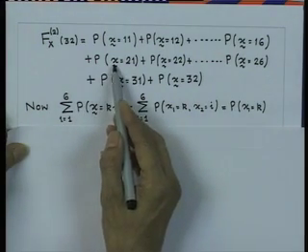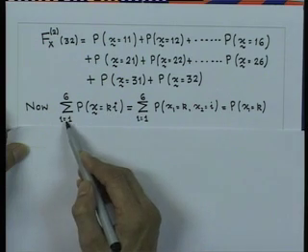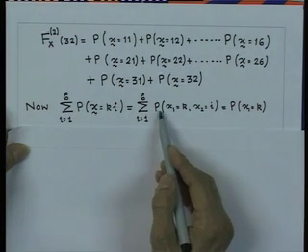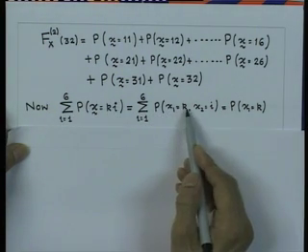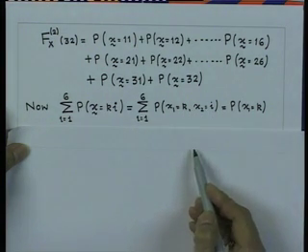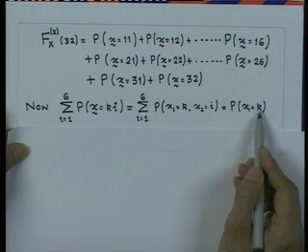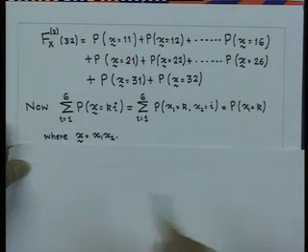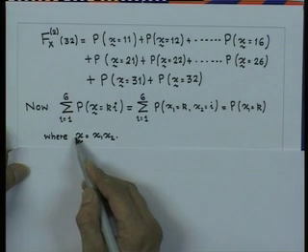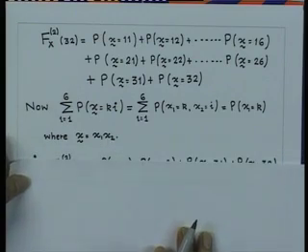So, the probability of a sequence equal to k i, where i goes from 1 to 6, is nothing but the probability of x1 equal to k and x2 equal to i, and that is equal to the probability of x1 equal to k, where the sequence x consists of 2 letters x1 and x2.